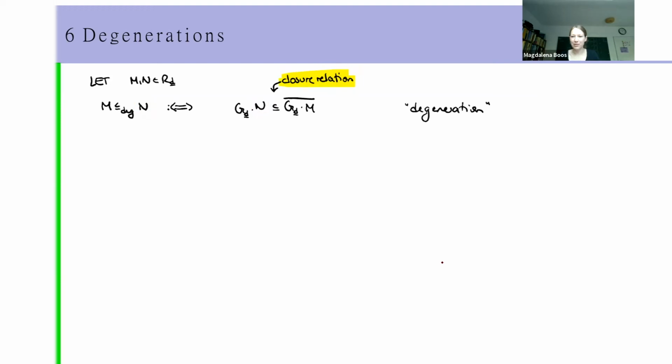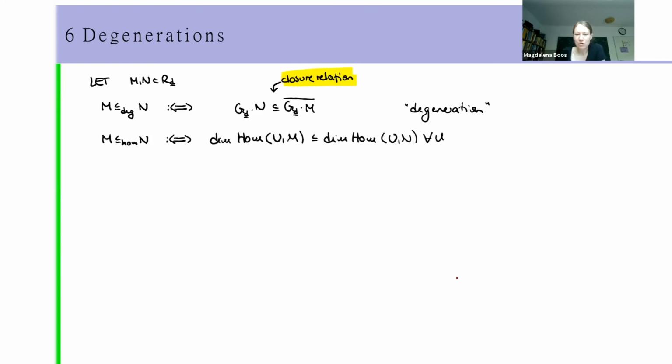Now this is difficult to describe, because what can you do to prove orbit closure relations? You have to find some curves, but I wouldn't want to define curves all the time whenever I have a closure relation problem. So many people worked on this, proved very nice results, and defined another partial ordering, the Hom ordering. This is defined by dimensions of Hom spaces, something which is often easy to calculate, at least if there are not too many indecomposables.